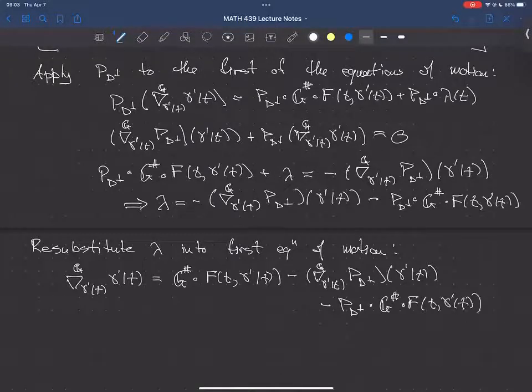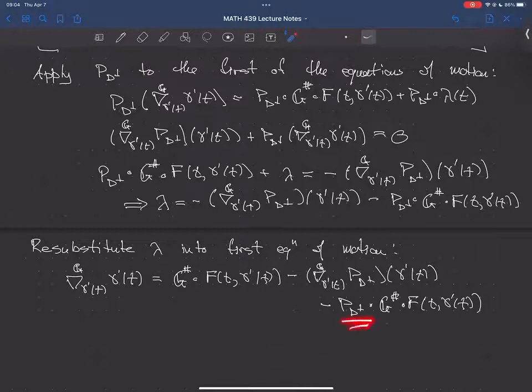So it's just directly substituting lambda into the equation of motion. Now I'm going to take this term and move it over to the other side. And with this term, I notice that this is this thing minus PD perp of itself, but that's just PD, because any vector field you can write as something in D and something in D perp.